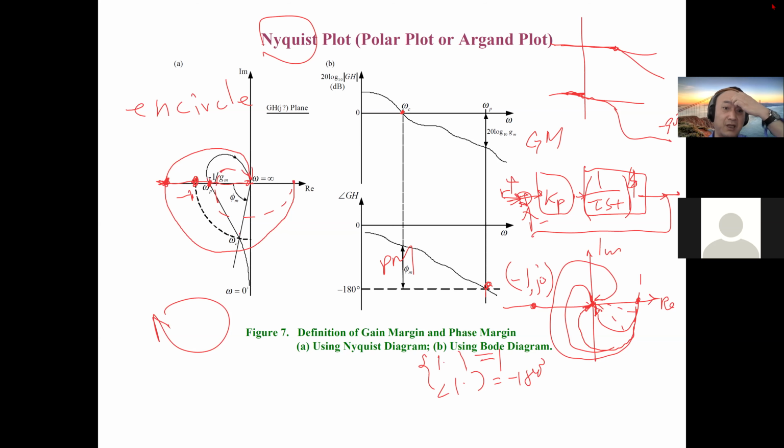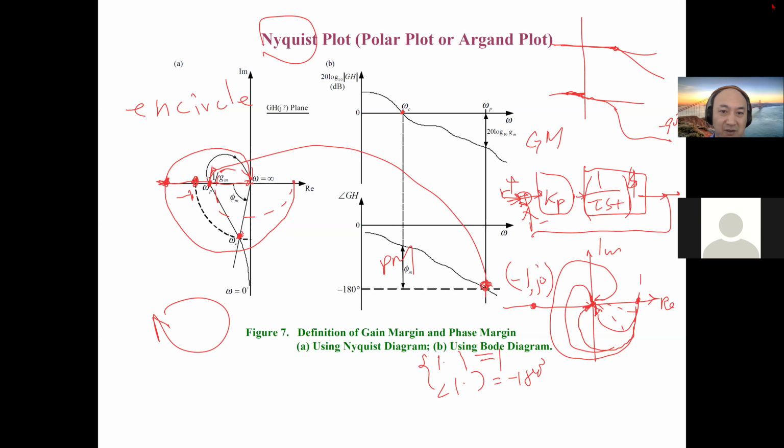When we first hit the unit circle, this is the gain crossover. This is the phase crossover. So this omega phase crossover is here, corresponding to this point.